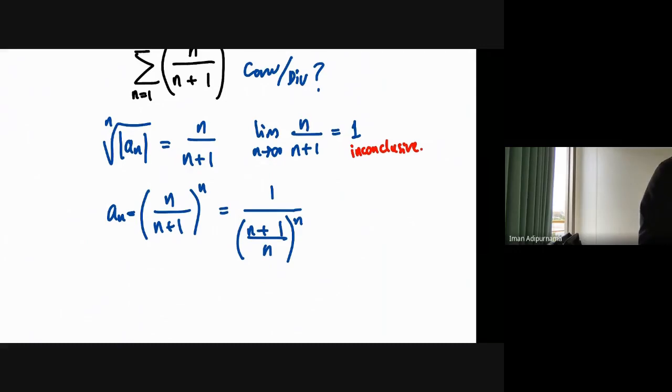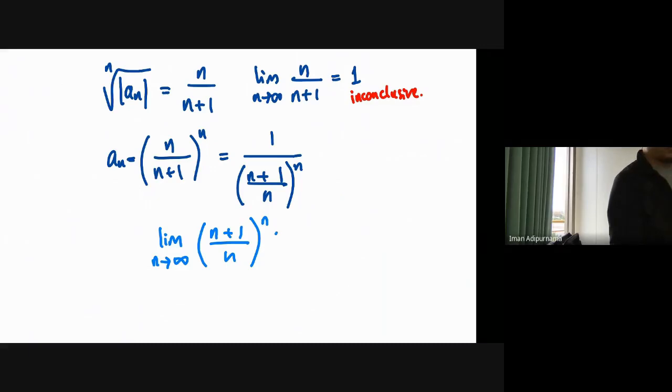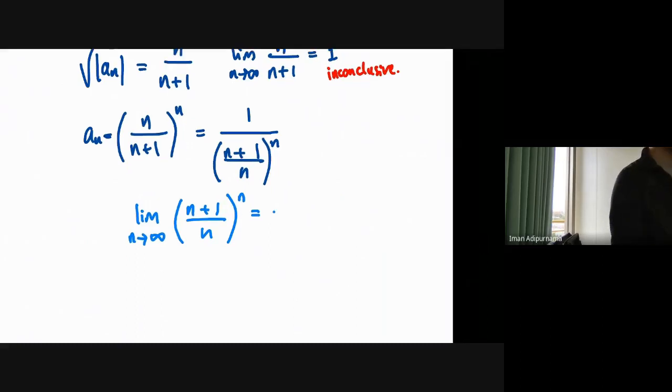And remember, if we have the limit as n approaches infinity of (n plus 1 over n) to the power of n, it is equal to e, by the definition, right? You remember.